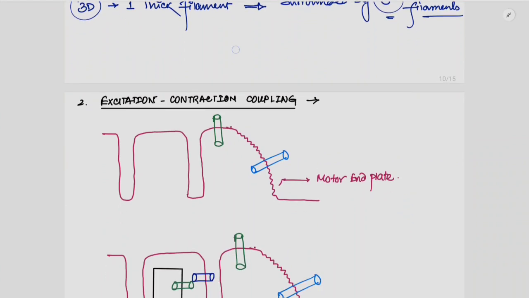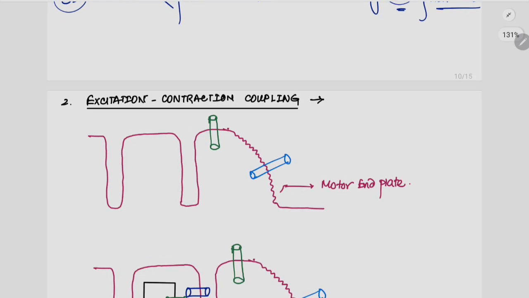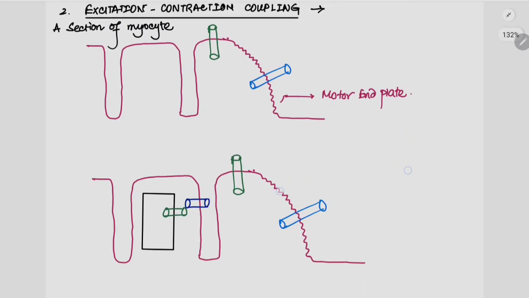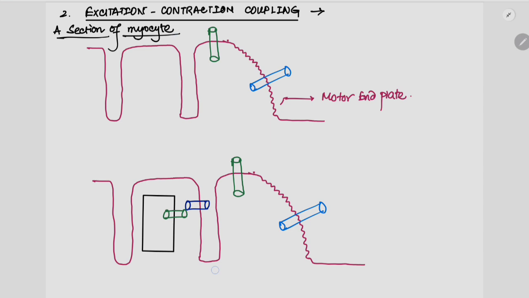In excitation contraction coupling, we are seeing a section of myocyte. I told you earlier that the excitation part of excitation contraction coupling we already saw in the neuromuscular transmission, where the voltage gated sodium channels are open, ligand gated sodium channels are open.